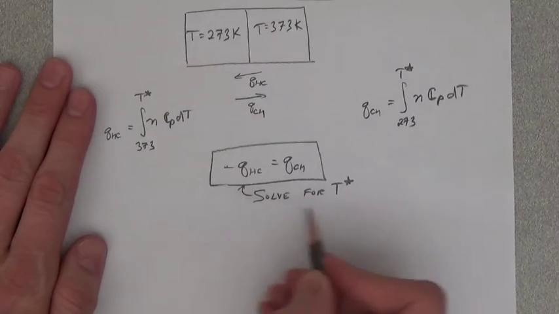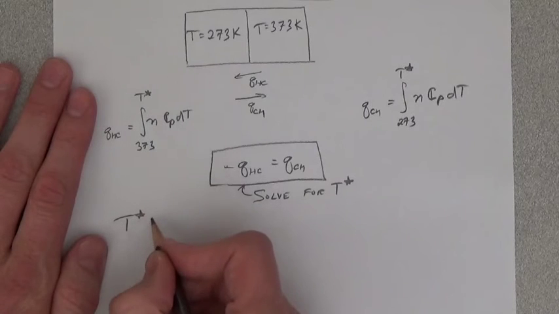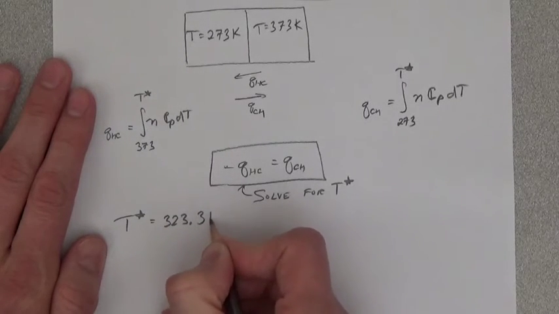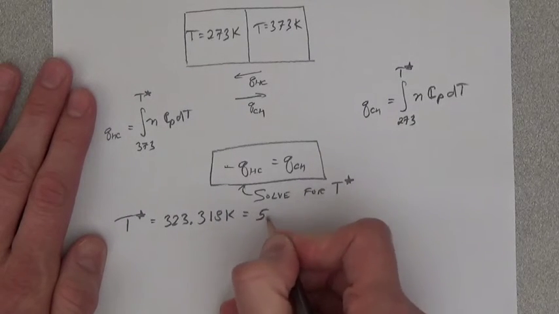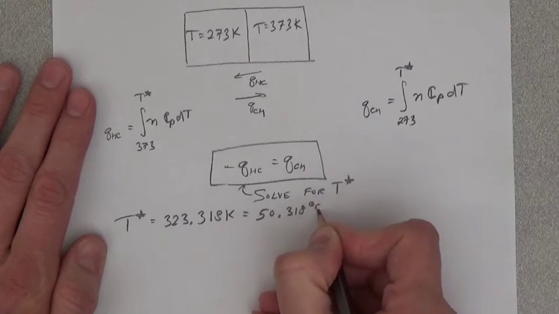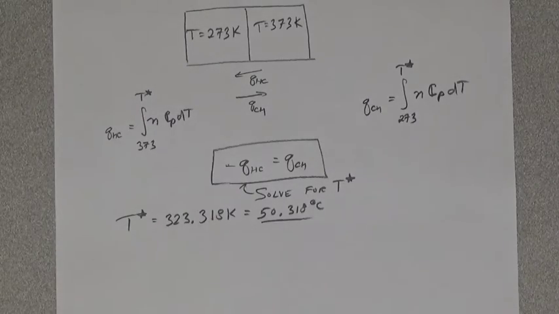So solving for T star, we get T star is equal to 323.318 K, which is 50.318 degrees C. So it's not exactly 50-50, right?